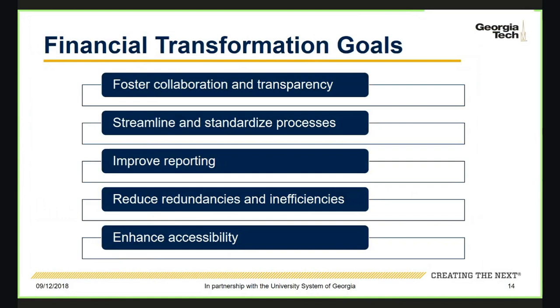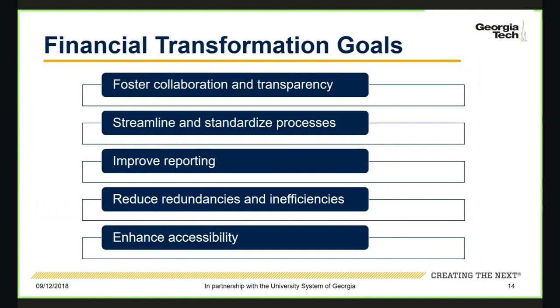So, you need to have the data that you need, when you need it, in a format that makes sense for you. Our hope is that as we improve reporting, you'll get a better lens inside the system. We want to reduce redundancies and inefficiencies. We want to make sure that for the transactions you are doing, you only have to do them one time to ensure that they are in the system and doing what you need them to do.